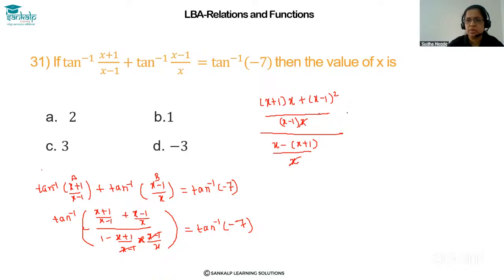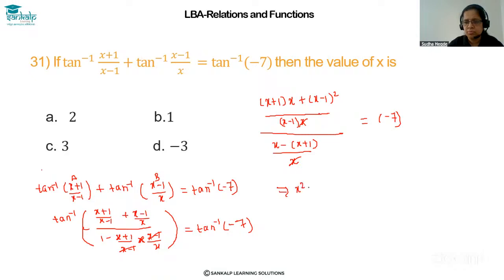This x you can cancel. That is equal to minus 7. Are you getting? So here x and minus x also cancel.